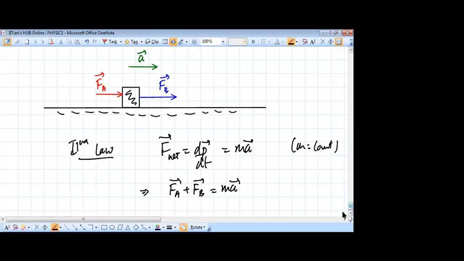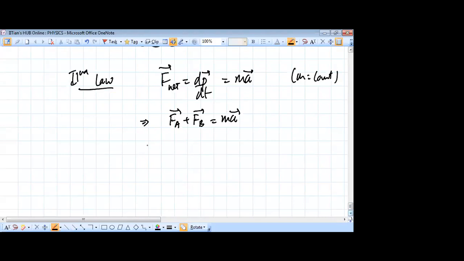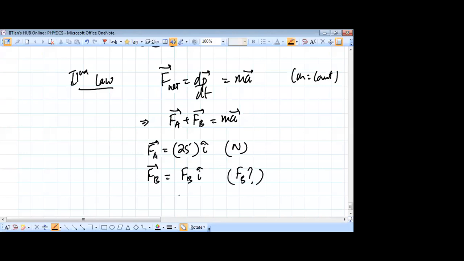Now Fa was given to us as 25 newtons along the x-axis. Fb is an unknown magnitude, but it's along the positive x-axis. The acceleration was 1.25 meters per second square along the x-axis, and the mass was a scalar of 50 kg.